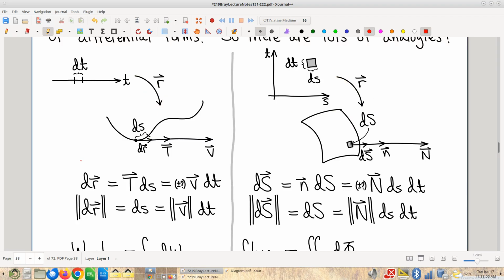So anyway, in both cases, we parameterize. In both cases, we take the derivative of that parameterization of some sort. We look at the velocity there. We look at the partial derivatives and then cross them.